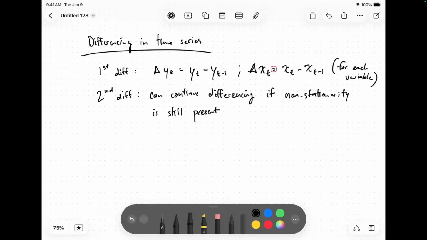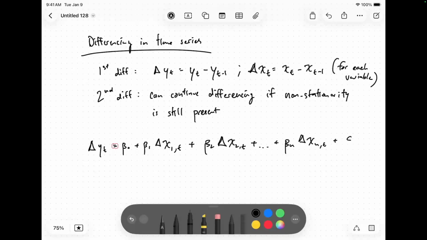So what this ends up looking like: y of t equals beta 0 plus beta 1 delta x1 of t plus beta 2 delta x2 comma t, and so on and so forth, up to beta n delta xn comma t plus epsilon t.